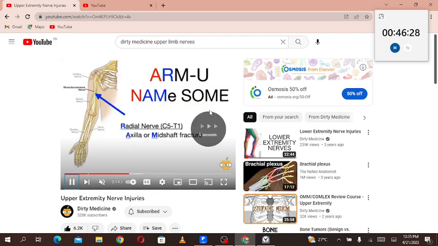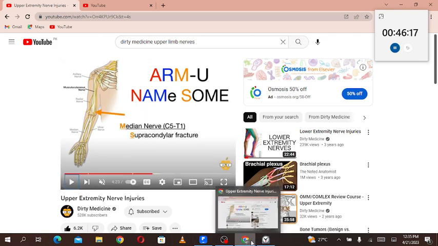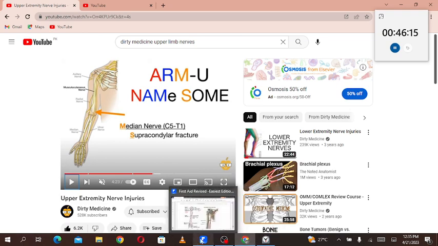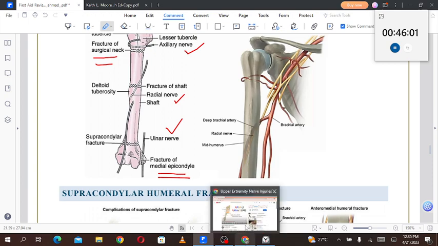Okay, so next is the median nerve. The mnemonic for that is supracondylar fracture. So if there is supracondylar fracture, that can lead to, and supracondylar I guess on the medial side, so medial supracondylar fracture can lead to, here you can see the ulnar nerve. We're talking about the ulnar nerve. Give me a second.